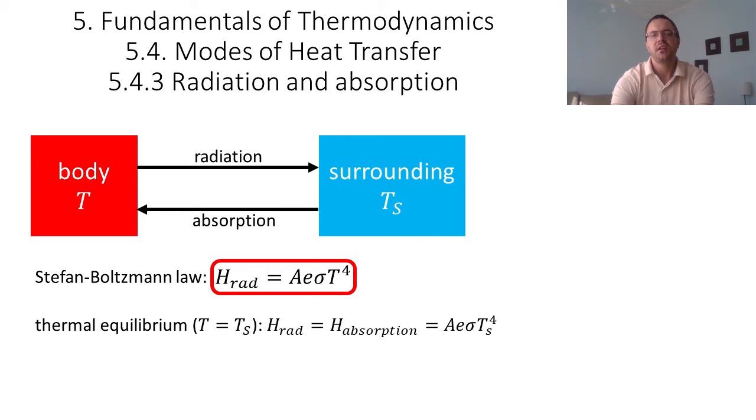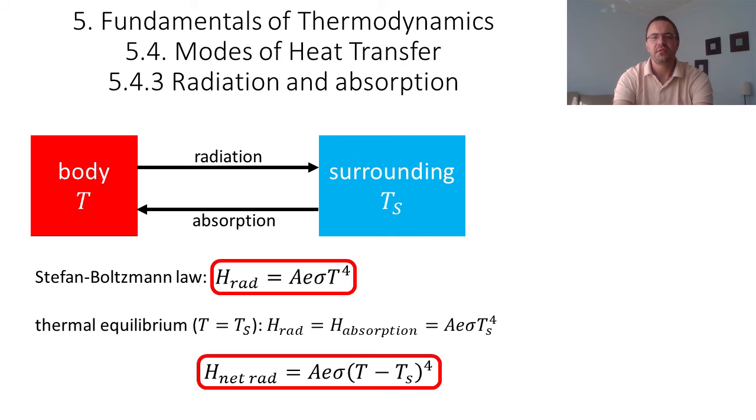And since T will be Ts, then H radiation and H absorption will be equal to A E sigma Ts to the power 4. But if we assume that the surrounding temperature is always at Ts, then the energy current from absorption is always the same, and so it always is going to be equal to A E sigma Ts to the power 4.